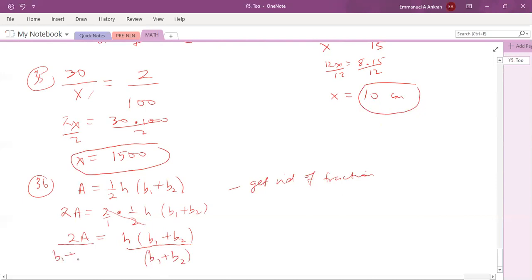So you divide both sides by the same factor. So we can get rid of this. This will cross out since they're the same. The whole thing crosses out. So we'll be left with just 2A over B1 plus B2. And that is your H. So this is your answer. So 2A over B1 plus B2. So that's why A is correct. Great.